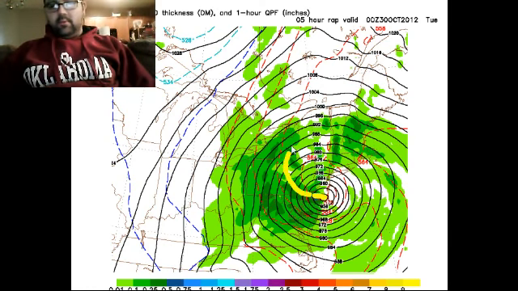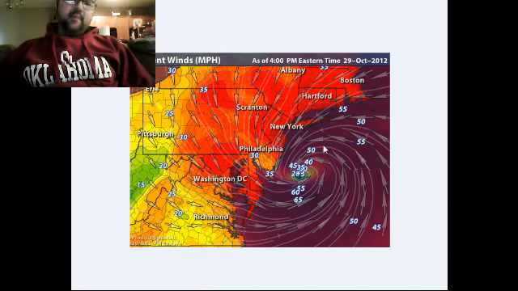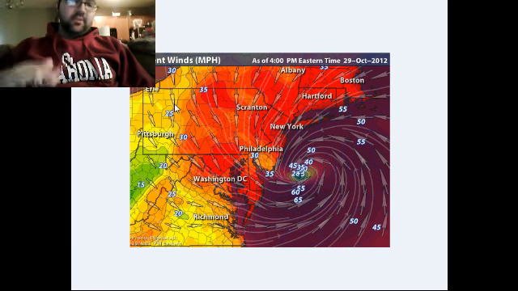The other thing we have to watch out for is that these winds are going to be higher over water because there's less friction. There are no trees or buildings or hills or anything like that. If you can see up here in the corner, I don't know if you can, Lake Erie is going to see some very high winds because it's over water. Lake Erie, Superior, even Lake Michigan.